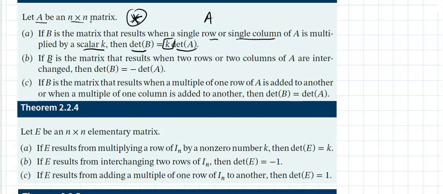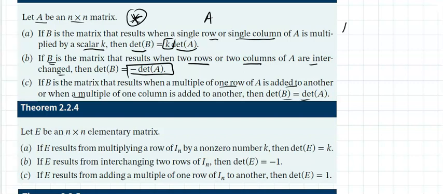The determinant of the new matrix is simply the determinant of the previous matrix times k. If what you did to A was take two rows or two columns and interchange them, then the determinant will change from positive to negative. And if B is the matrix that results when you multiply a row of A by any multiple and add it to another row in A, then the determinant doesn't change.